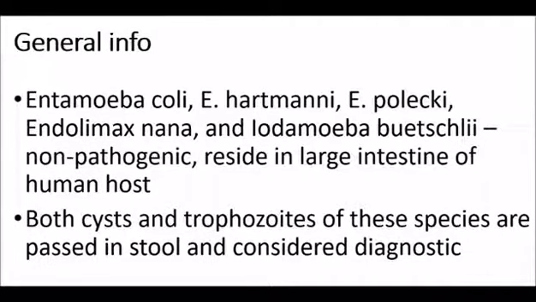Because for a person to have this, they had to ingest tainted water or food. So though these are non-pathogenic, the potential for having a pathogen somewhere in the stool still exists. So that's why we still report it out. Now, both the cyst and the trophozoites of these species are passed in stool and considered diagnostic.